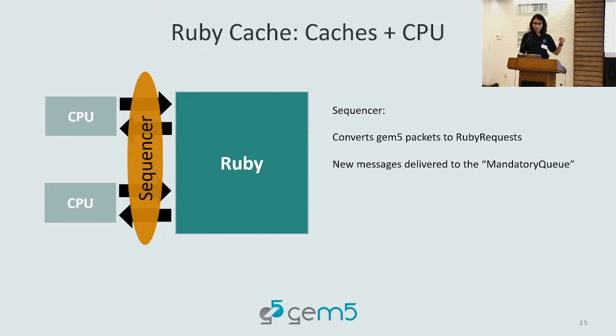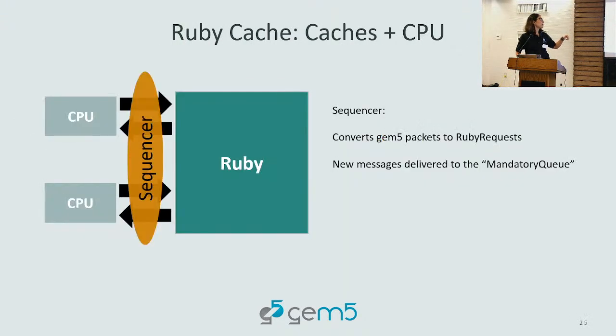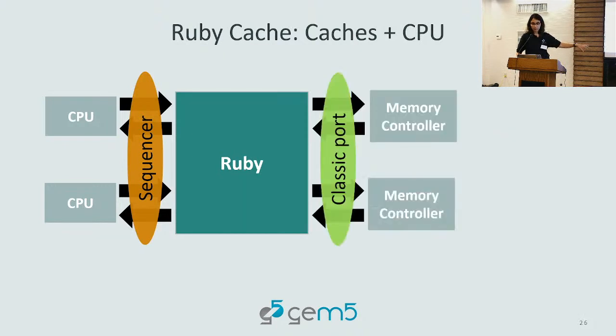And that mandatory queue you've seen here is there to receive those requests from the sequencer. Any question? This is how we are interfacing our CPU with Ruby. On the other side, when we want to connect something to a memory controller, we connect them through the classic ports, the classic request and response ports that we have right now.